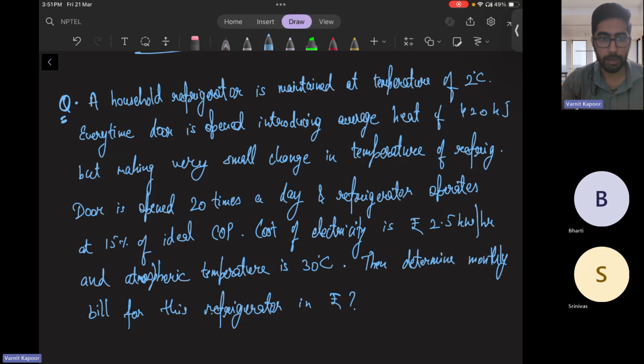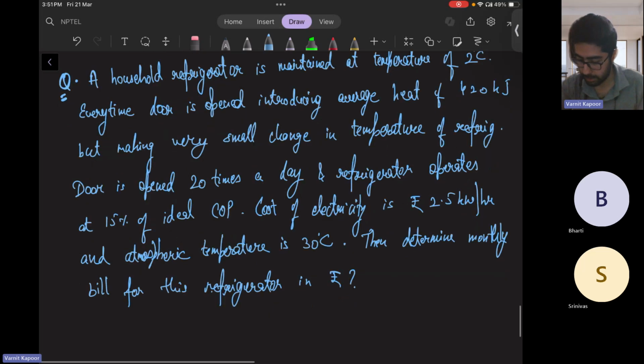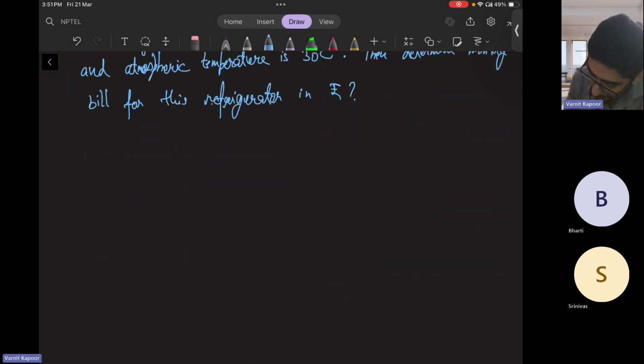The refrigerator operates at 15% of the ideal coefficient of performance, so it's not an ideal refrigerator, it's a household refrigerator. The cost of electricity is 2.5 rupees per unit, that is kilowatt per hour. You need to find out the monthly bill. This question is very interesting because from now onwards you will be able to calculate your monthly bills. All right, let's come to the solution.